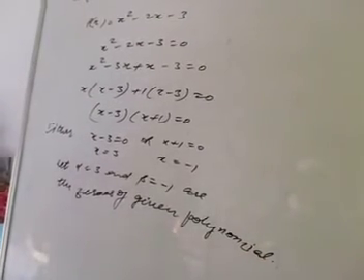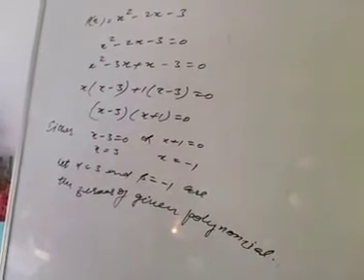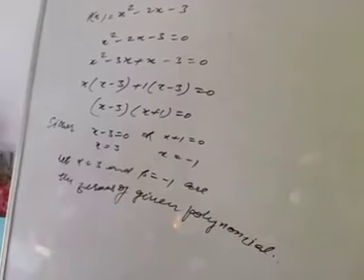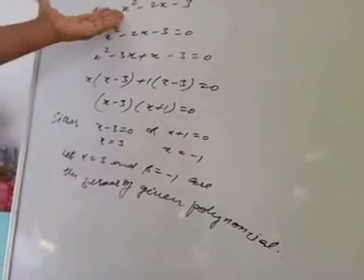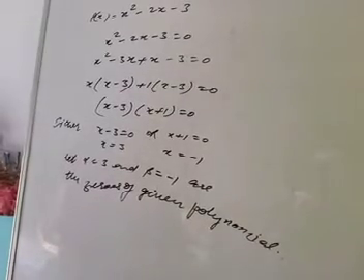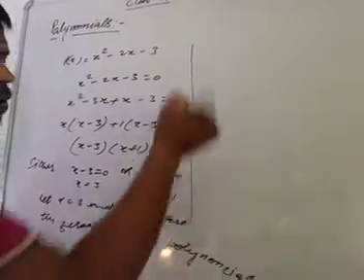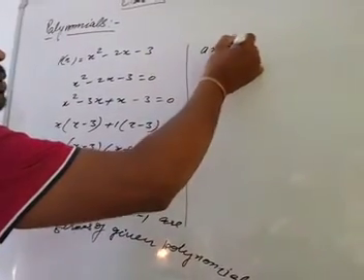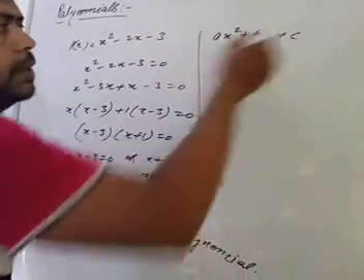Now we will find the sum of the zeros and the product of the zeros, and we will verify that relation from the coefficients of the variables. Suppose our general form of polynomial is ax square plus bx plus c.